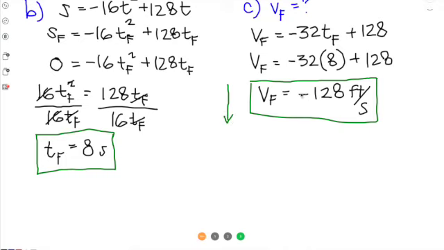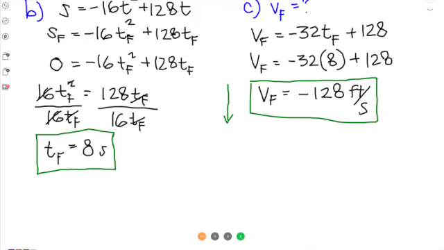That's why we got a negative here. But if we shift the axis, the absolute value of the velocity would be 128 feet per second. Okay, so this negative sign is just denoting the direction. So if it's asking you about the magnitude, we know that velocity is a vector. So this negative sign is just denoting its direction.